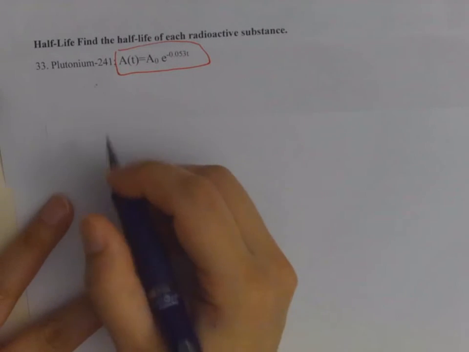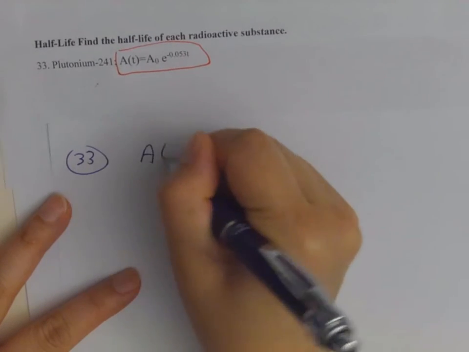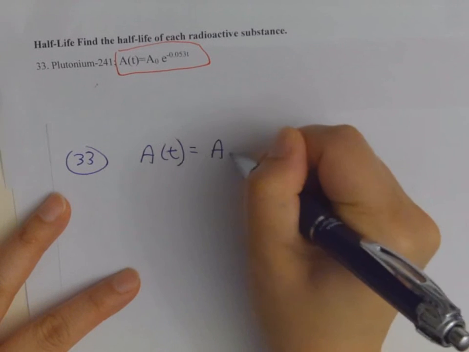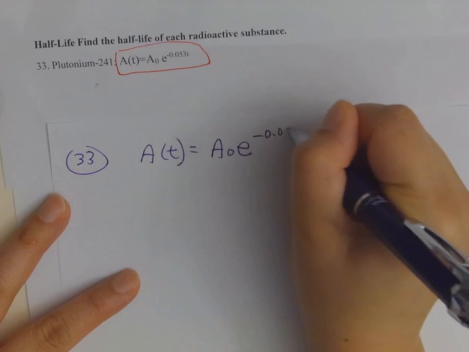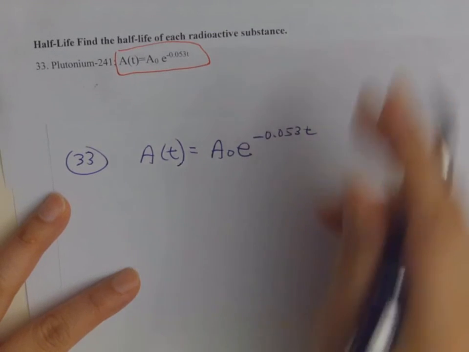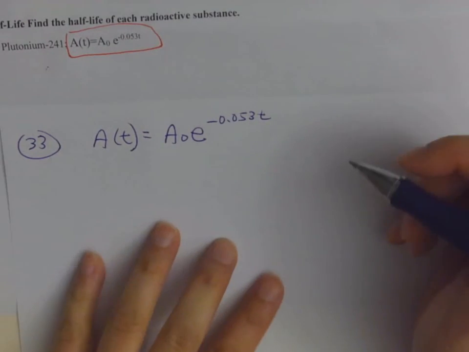Okay, so number 33. A(t) equal to A(0) e raised to negative 0.053t. So I know it's decay model because it has a negative exponent, right?